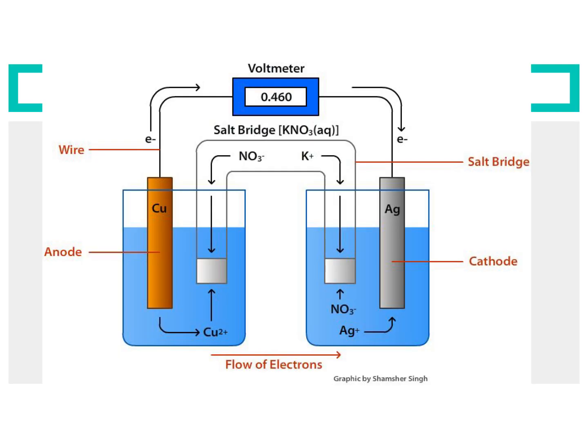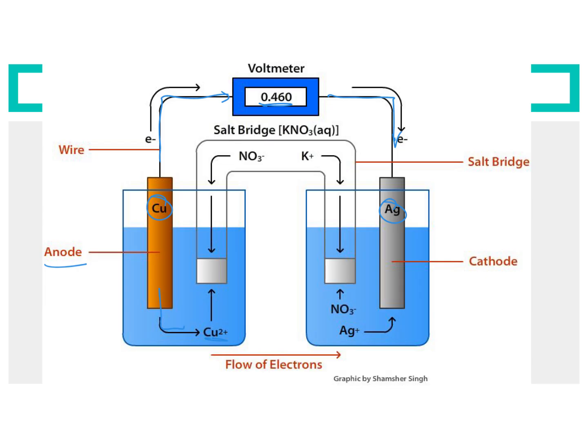At our anode, we have what's being oxidized. In this case, that's the copper. It's in a solution of copper 2+. The electrons go from the copper through the voltmeter, and like we calculated, that potential for the entire cell is 0.460 volts. Those electrons then travel over to our cathode, which is silver.